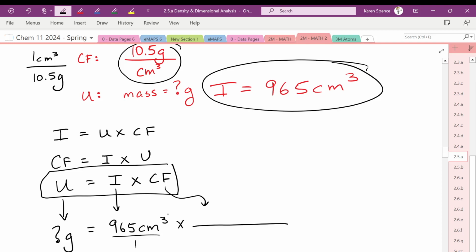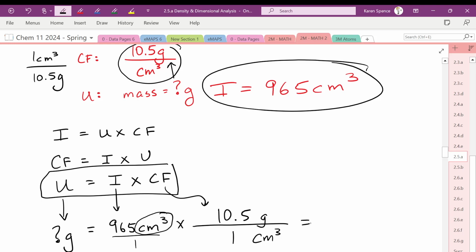So centimeters cubed are on the top, so they need to go on the bottom. And what goes on the top? The grams go on the top. So 10.5 goes with grams, and 1 centimeter cubed goes on the bottom.